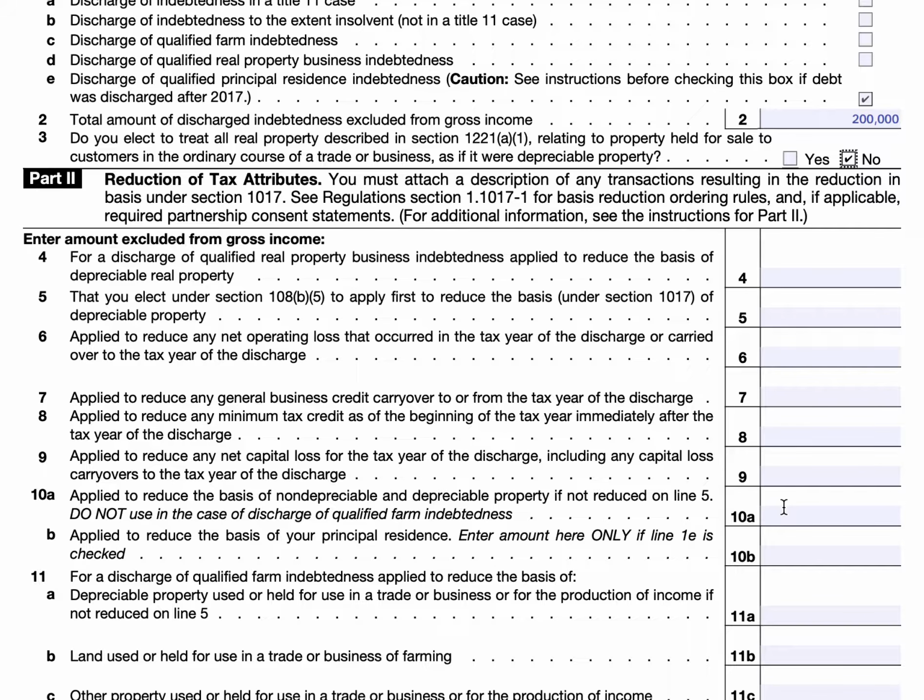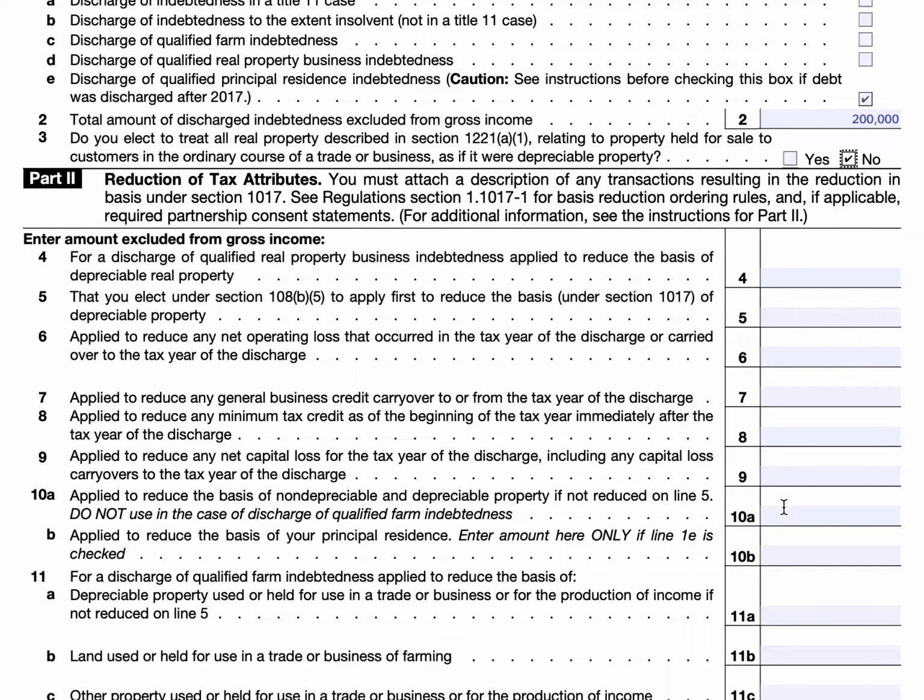So in line 4, if you discharged qualified real property business debt, you can use that write-off to reduce the basis of depreciable real property. So for example, if you had $200,000 of indebtedness that you would like to write off, and you have a commercial building that you bought for $500,000, that's your basis, it's worth $1 million.